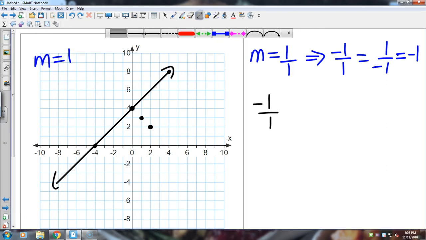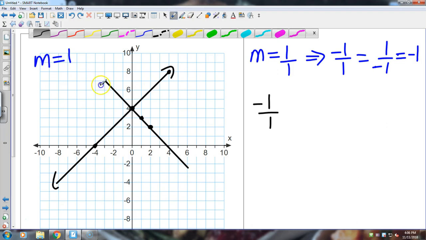And so as I draw this, it's going to look something like that. And that, my friends, is a right angle. That's what the little box will mean. Okay, so that means it's perpendicular, creates a right angle.